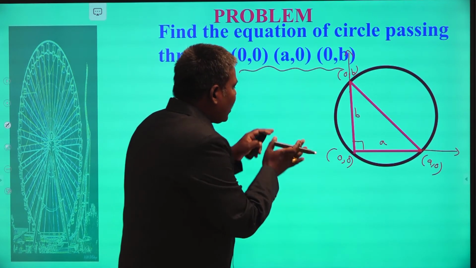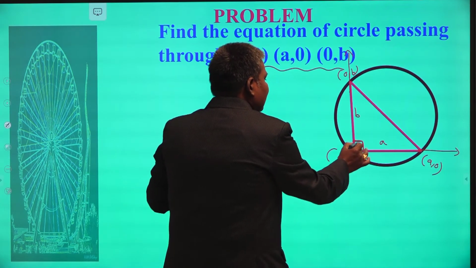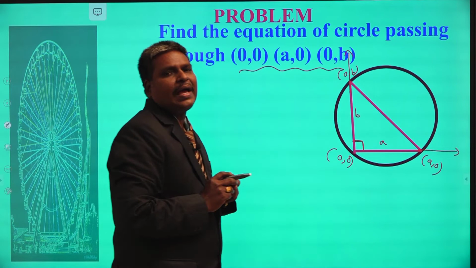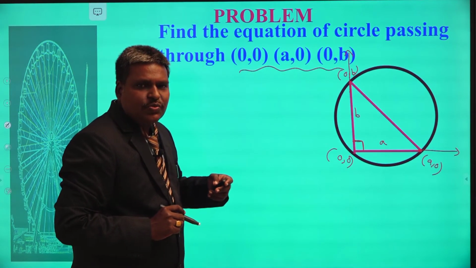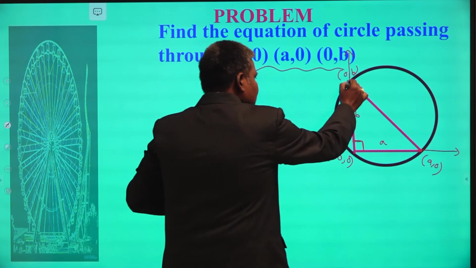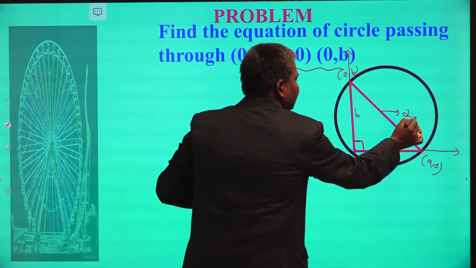Now, what is the angle here? 90 degrees. If it is 90 degrees, automatically AB becomes the diameter, as in the previous concept, because the angle in a semicircle is 90 degrees. So this angle is 90 degrees, and immediately this is your diameter.